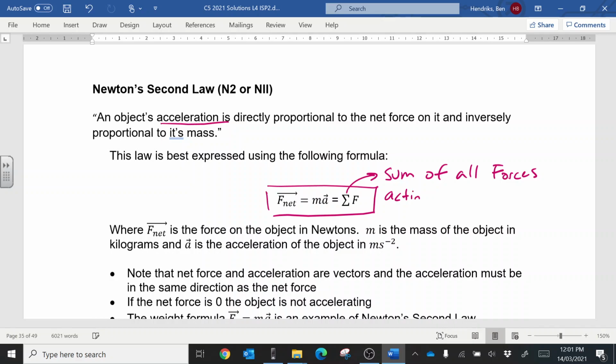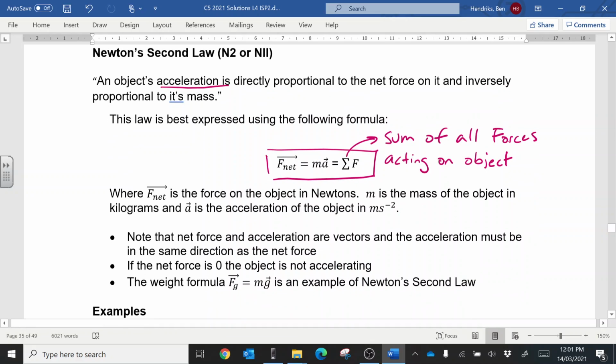So when you have all the forces acting on the object, you add them all together with the directions included, and the net force, the overall force, is the result of those additions.